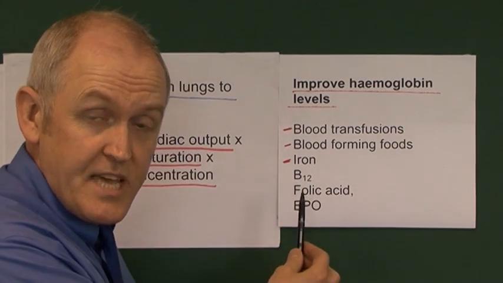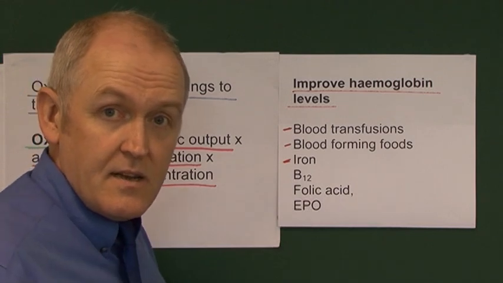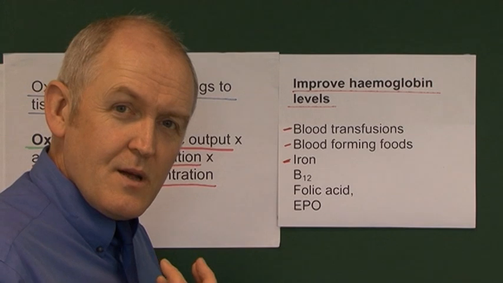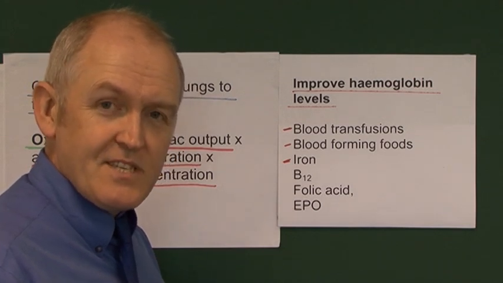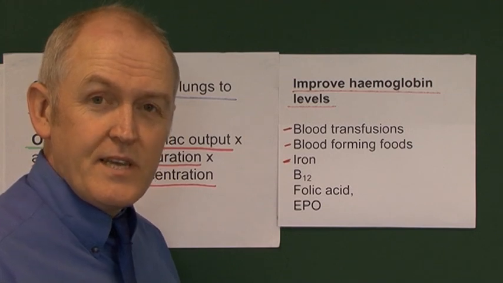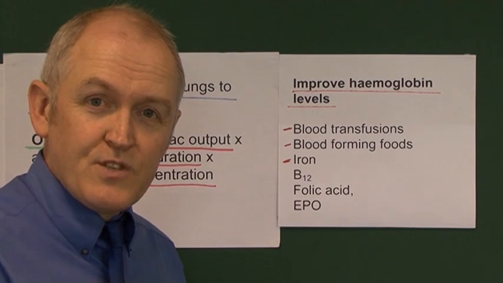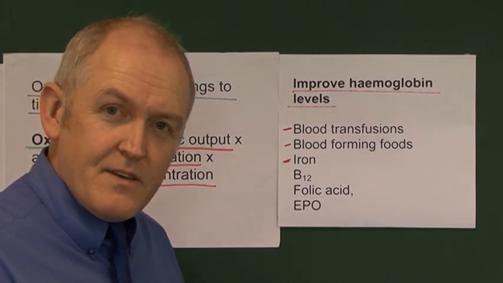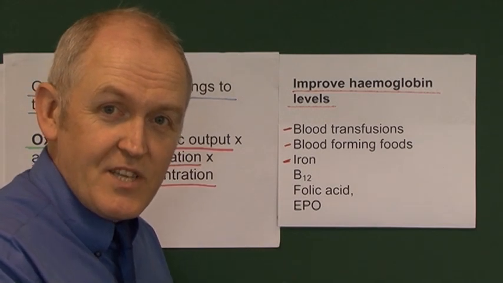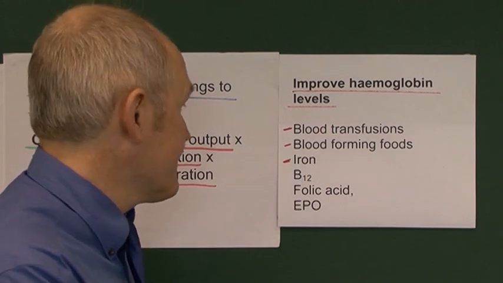For people that are vegetarian or don't have access to animal protein, vegetable iron is still very good, and it's absorbed much more efficiently if it's taken in combination with vitamin C. So if you can eat some green vegetables which contain iron, and eat some oranges with that as well, the vitamin C in the oranges will increase the efficiency with which the iron is absorbed from those vegetable sources.